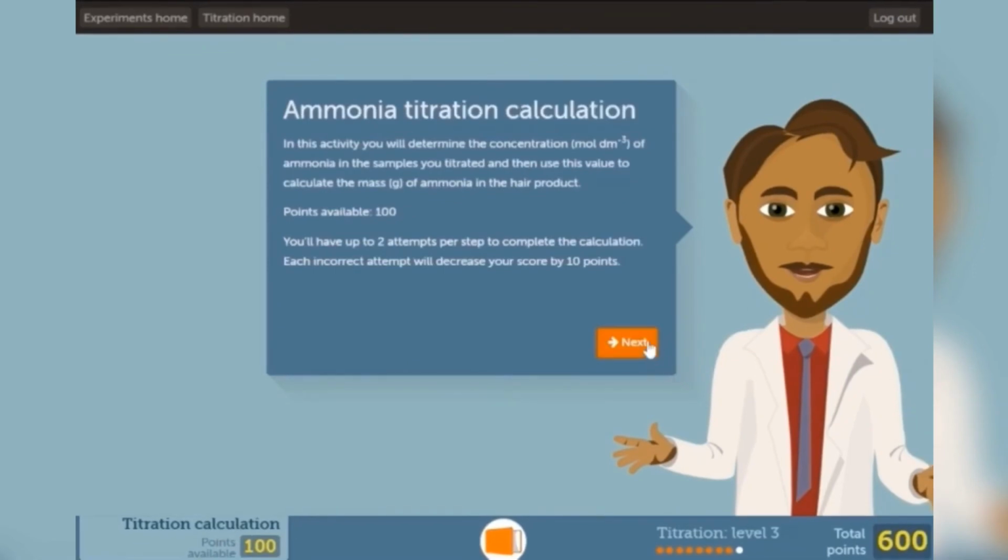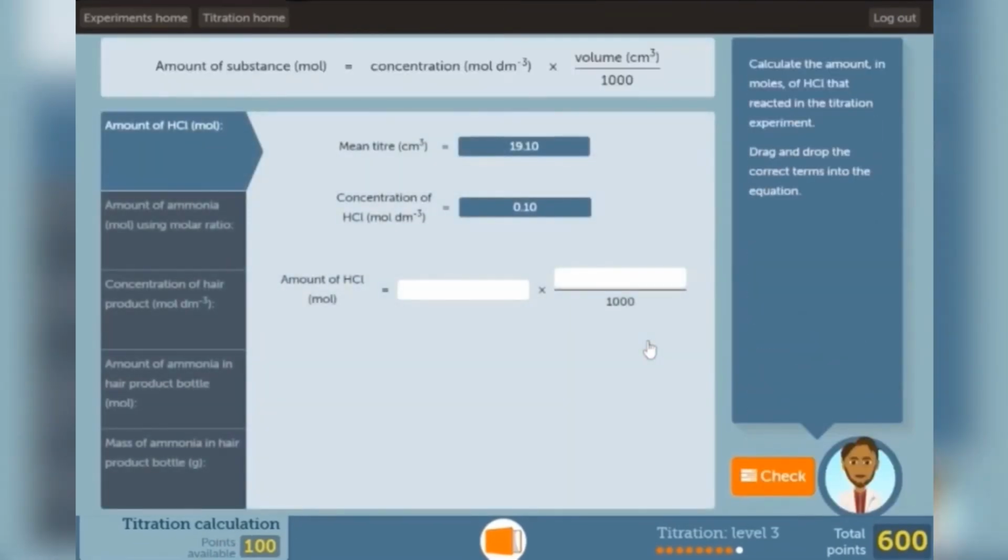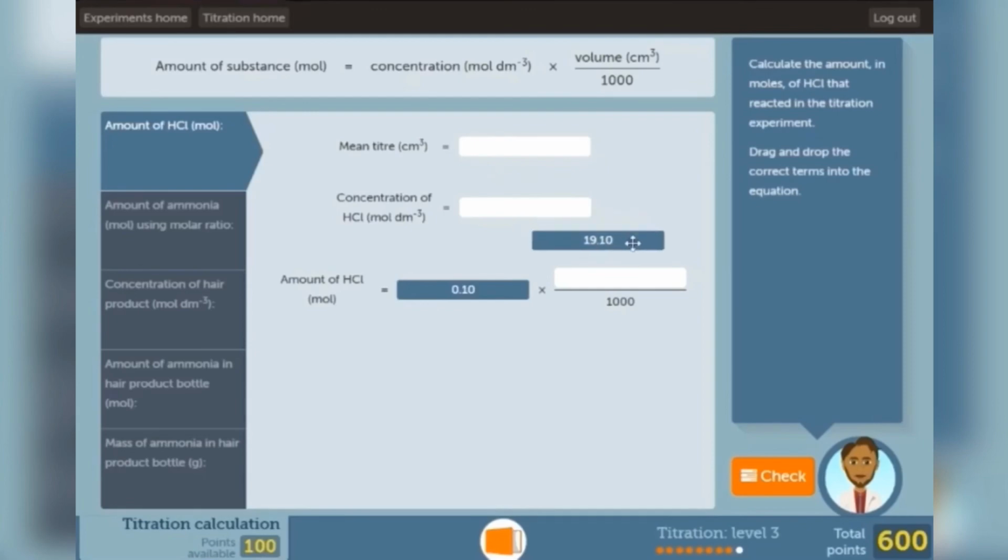We calculate the amount of hydrochloric acid. So 0.10 mole per decimeter cube times 19.10 cm³ over 1000. We get 0.00191.